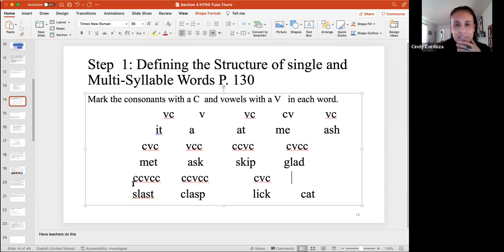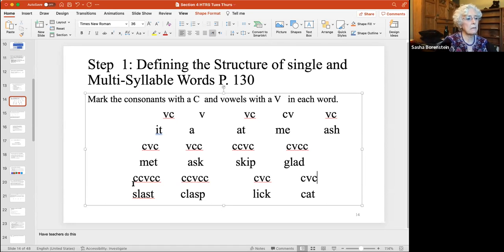Okay. So this could be a whole lesson for your students, talking about how one syllable words are built. And actually, you could have a whole unit on simple and complex one syllable, because you want your students to be able to work with this with phonemic awareness.